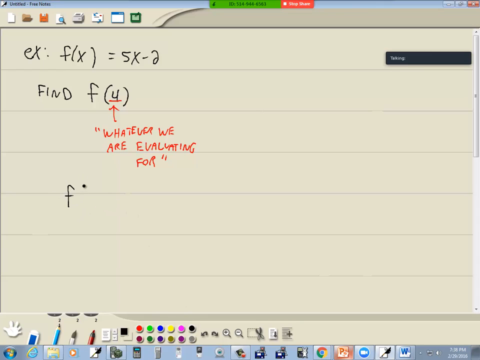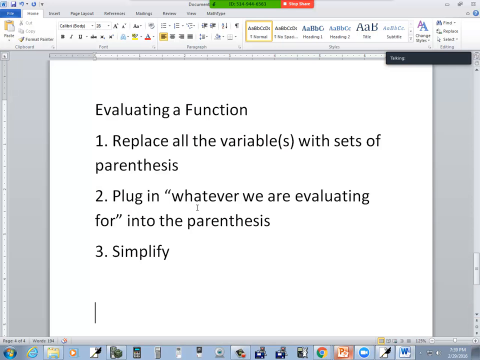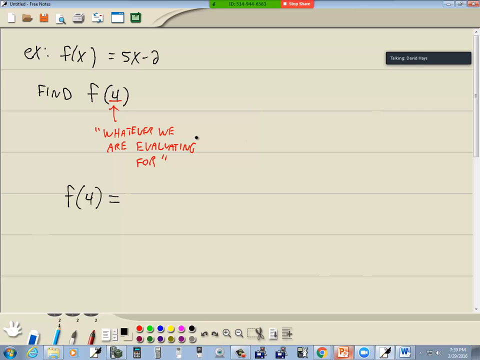Okay, so let's find f of 4. Step 1, replace all variables with sets of parentheses. So everywhere I have an x, I'll put in a set of parentheses. That's step 1.